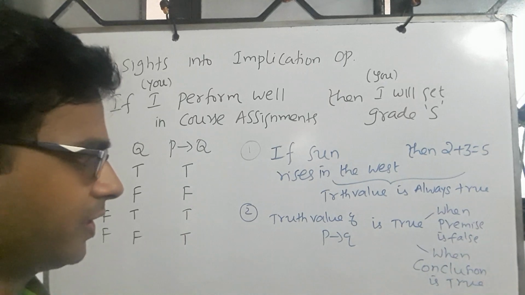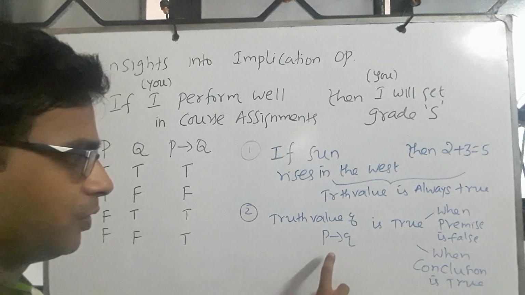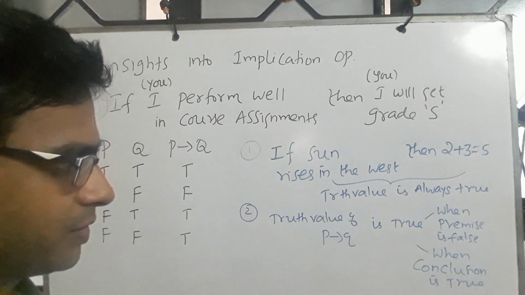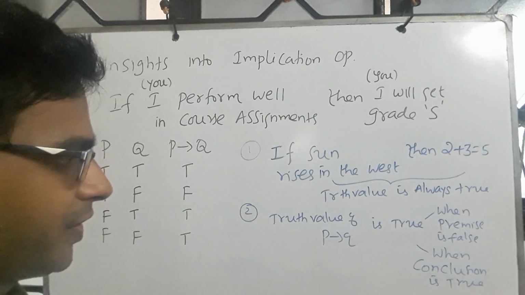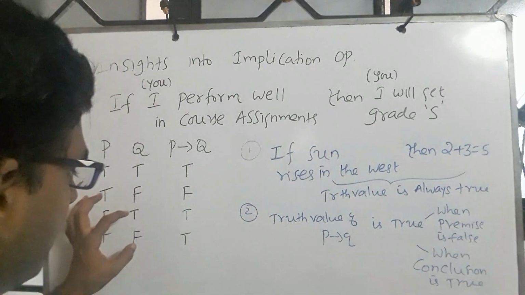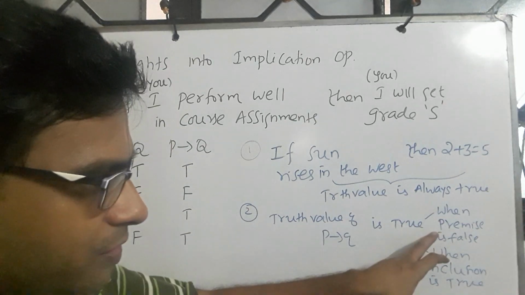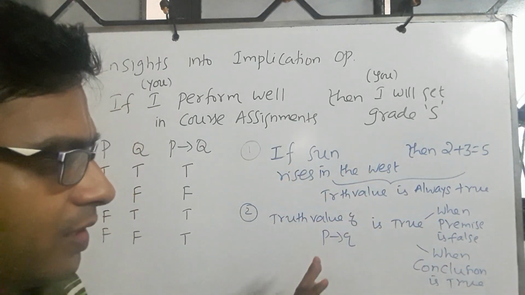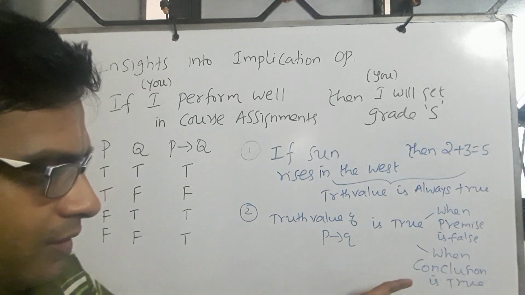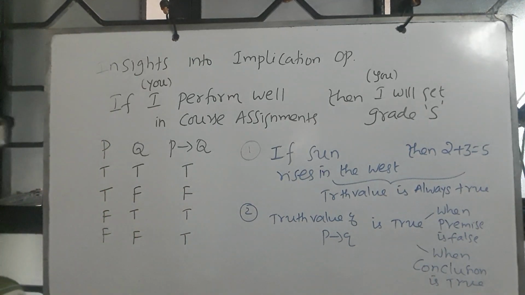No, that is not taken into consideration. The other thing is, truth value of P imply Q is always true when premise is false or when conclusion is true. When premise is false, you don't need to look at the conclusion part. Similarly, when conclusion is true, you don't need to look at the premise part.